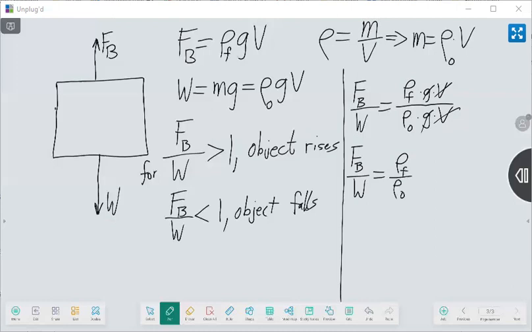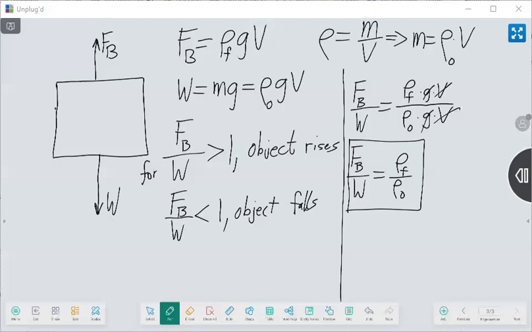So right here, this again is the criteria for does it sink, does it fall, does it rise? And it simply boils down to the density of the fluid over the density of the object. But where that ratio comes from is the force balance.